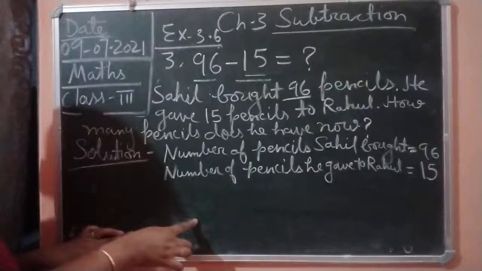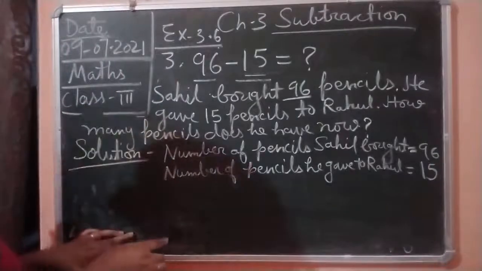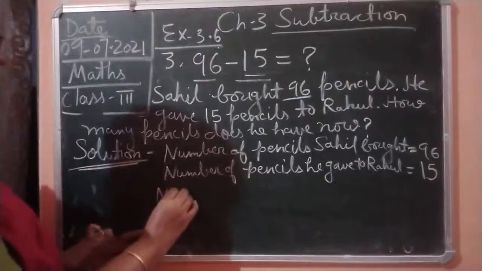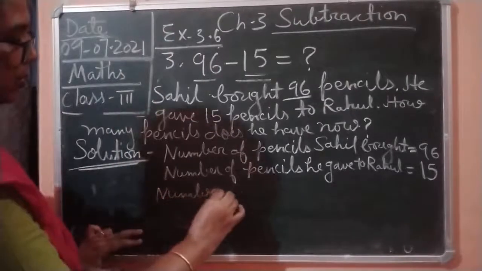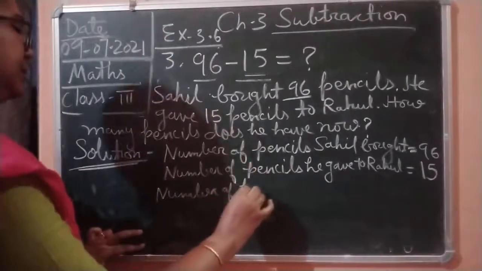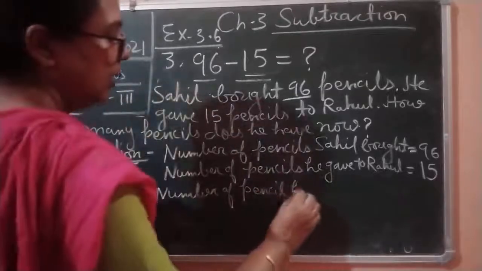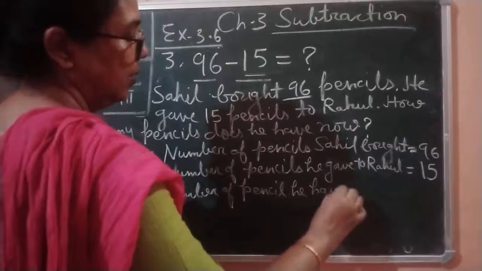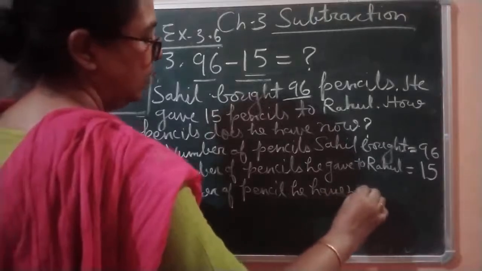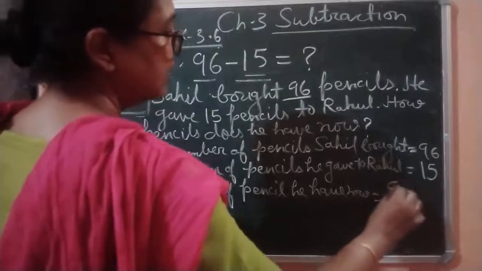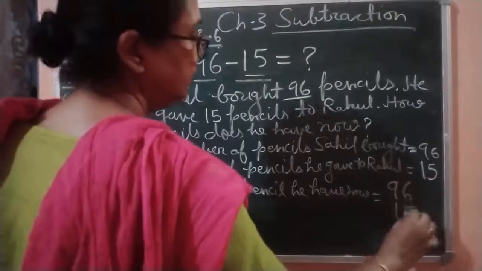Okay. Now here we are going to write number of pencils he has now, or does he have now? You can write 96 minus 15.